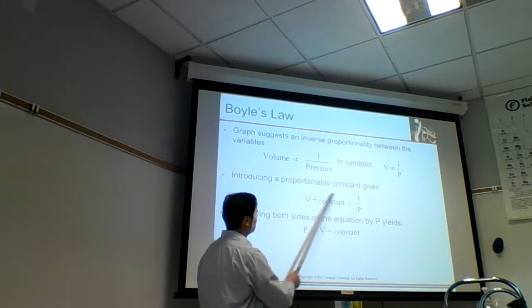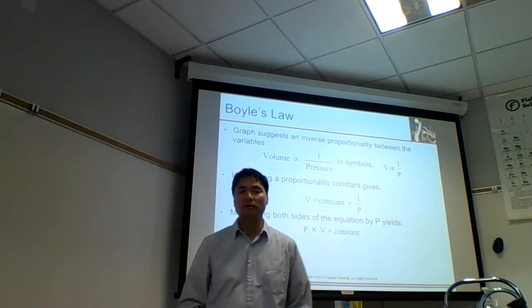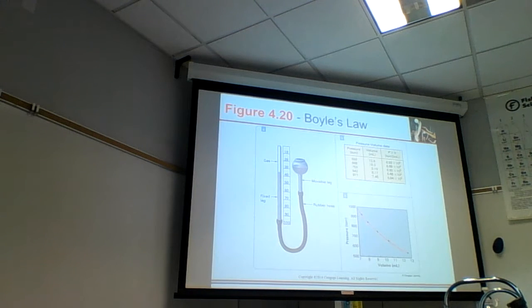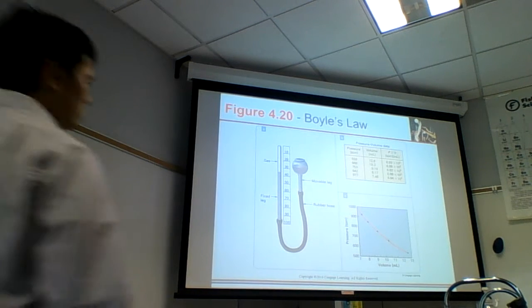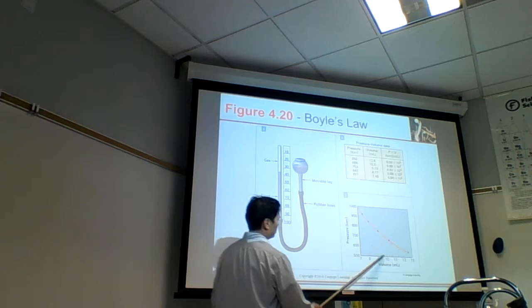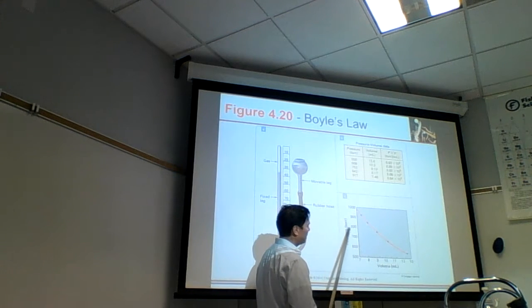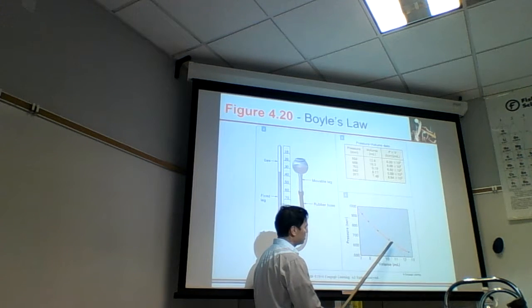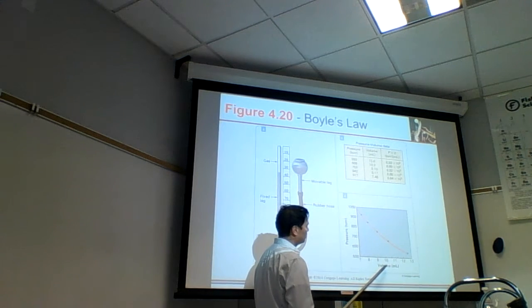So in other words, we can plot the volume and it's inversely proportional to pressure. So let's go back. Or we plot the pressure. The pressure is inversely proportional to volume. So here's pressure, Y is equal to some constant divided by the volume.